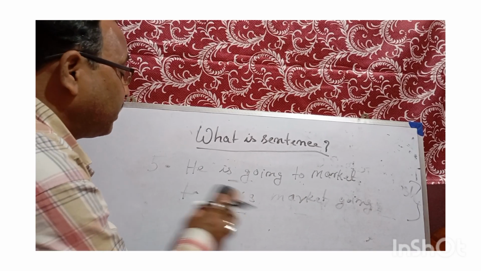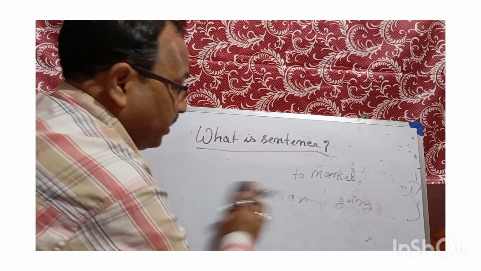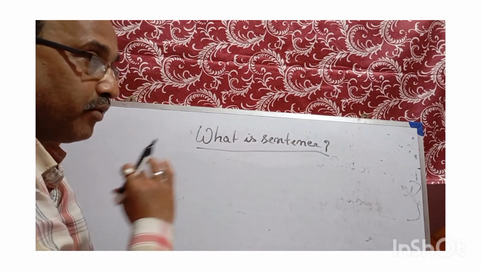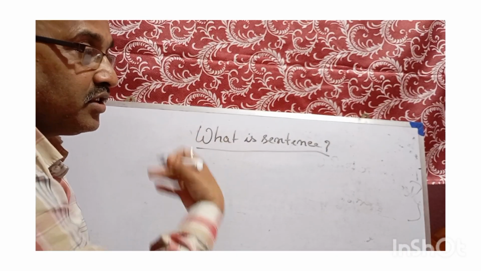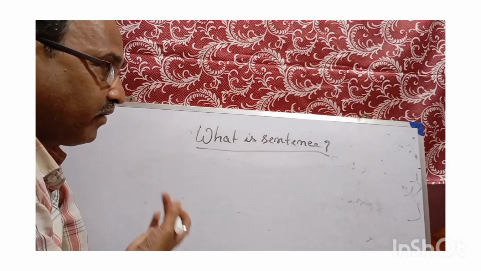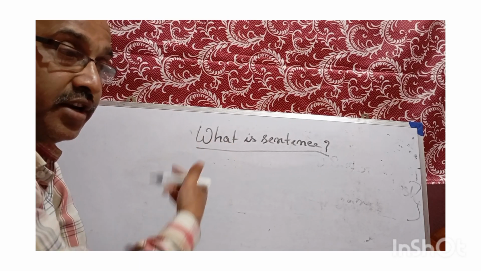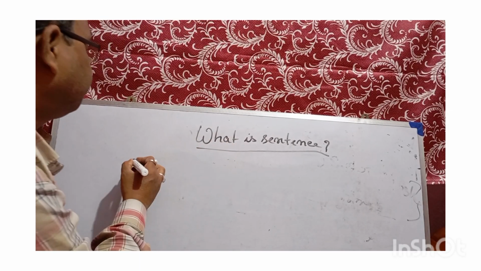Next, I will write the words in a jumbled way. At first we wrote these five words in proper order, then we jumbled them. Now I will write a jumbled sentence first, and then write it correctly. How do we find it?